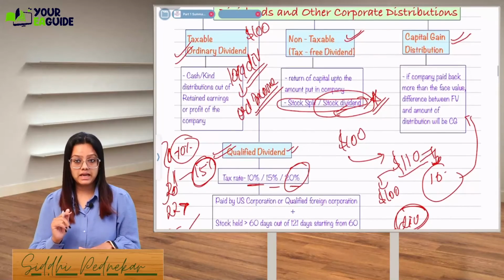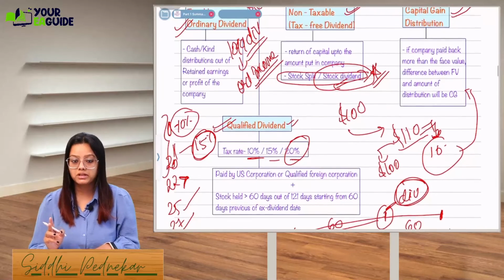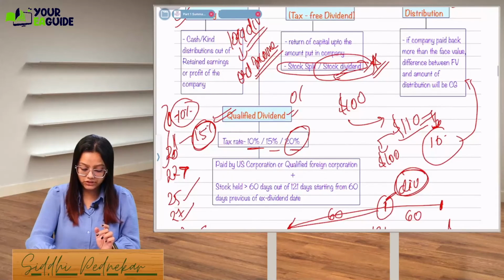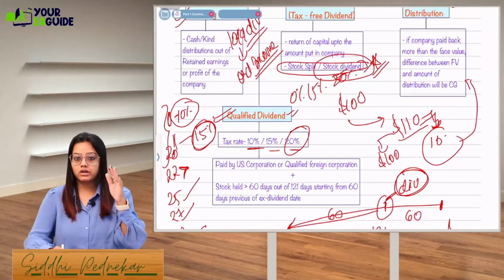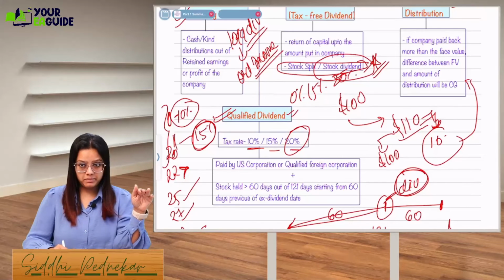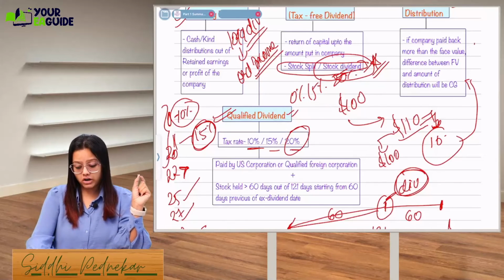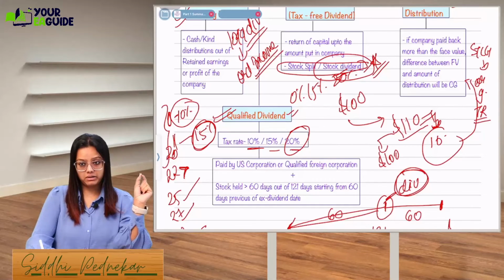Same concept is there in the case of capital gain. When we do the capital gain topic, the property transaction topic, there we will see that 0%, 15%, 20% tax rates are there for long-term capital gain. For short-term capital gain, these tax rates are not applicable. Guys, remember, if you have done the session lectures, you might have understood that topic. Short-term capital gain is your ordinary gain, so the ordinary tax rate will be applicable.